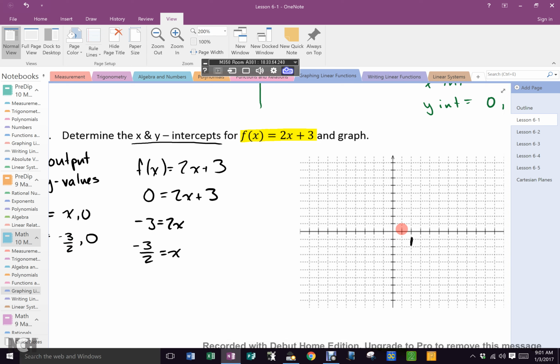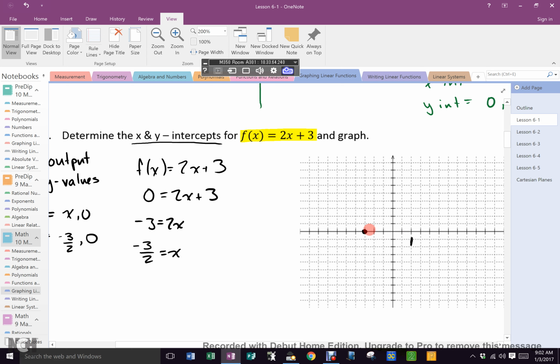It's 3 halves. I know it's 3, Mark, and I know you know, but I'm wondering why people are saying 7. Each square is worth a half. How many halves do I need to go? 3 halves. 1, 2, 3. There's my x-intercept.